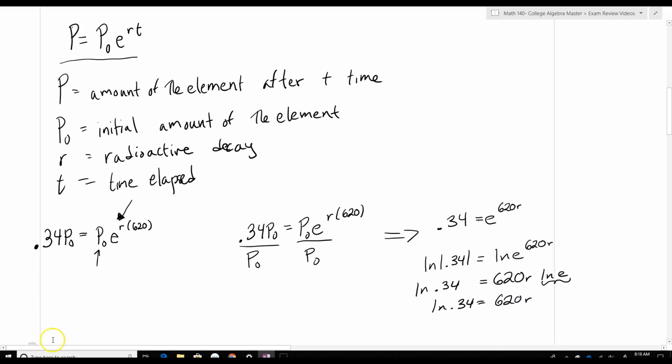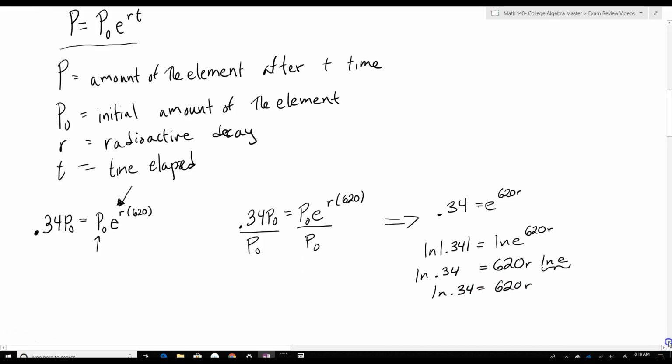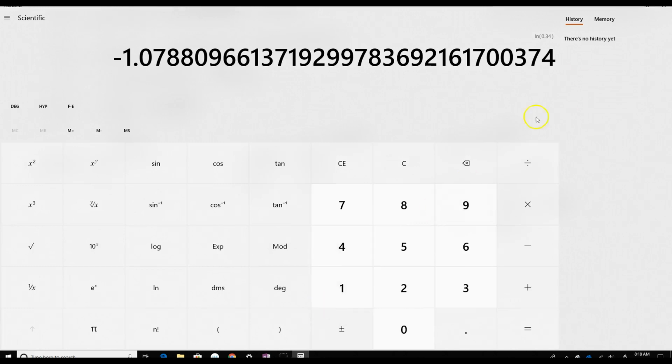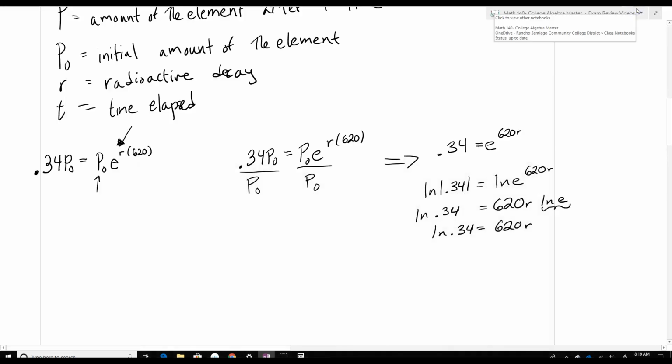Okay, now we're going to have to utilize our calculator. So the natural log of 0.34 is negative 1.079, or we'll use negative 1.079, and that'll equal 620R.